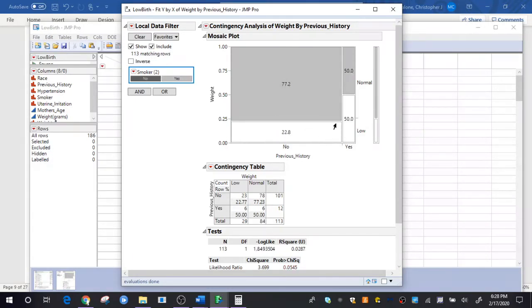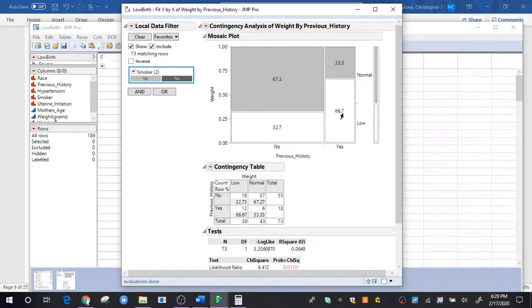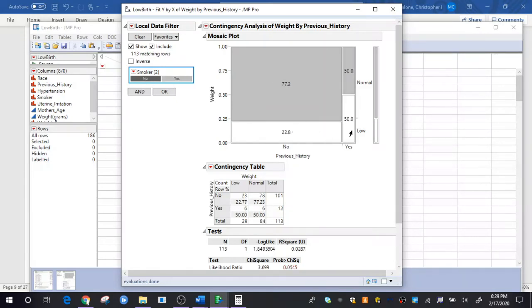So let's look at the non-smokers for a minute. For my non-smokers, the discrepancy between previous history is at 22.8 versus 50%. This box looks like it's about 28% higher. If I select my smokers though, one thing that I can see is that both boxes move up a little bit.